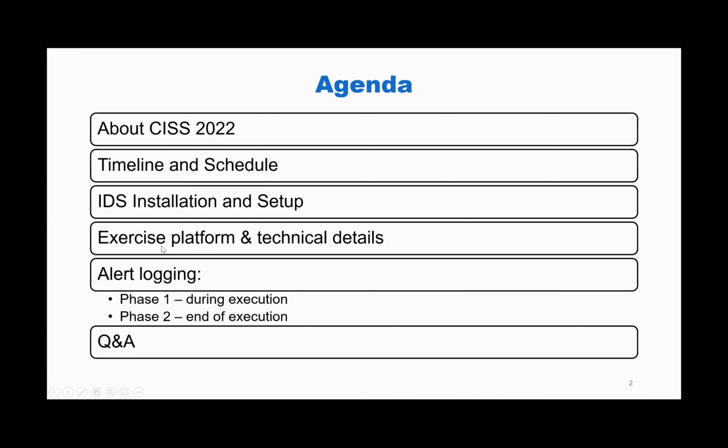Then we'll cover the exercise platform itself, what has changed since last year's, and the technical details of each of these platforms that we will use this time. And finally, the most important part of this entire exercise, which is how do we collect all the alerts and anomalies during the execution of the exercise, as well as after the exercise ends. How we analyze these results will be equally important as conducting the exercise itself.